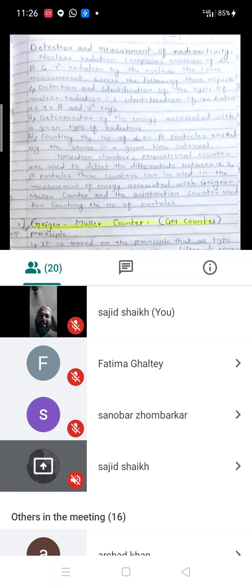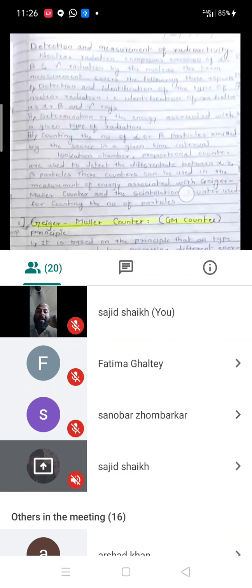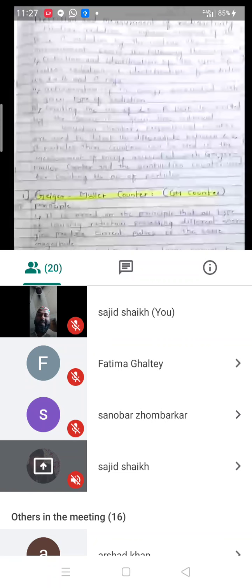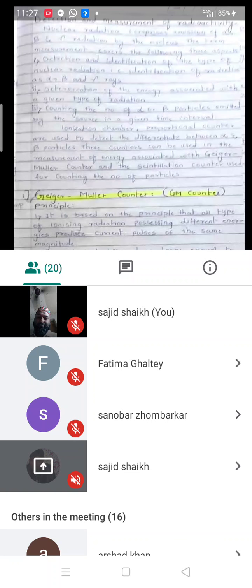Earlier the ionization chamber and the proportional counter were used, but recently another technique is there, the Geiger-Müller counter, which gives you the number of particles and their energy. There are two: the Geiger-Müller counter and the scintillation counter. That we will see in the next lecture.